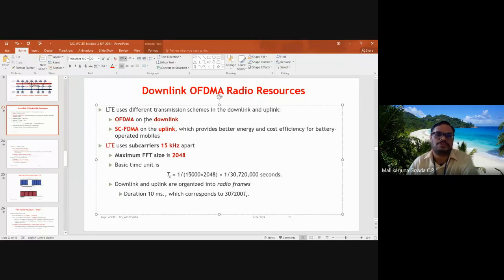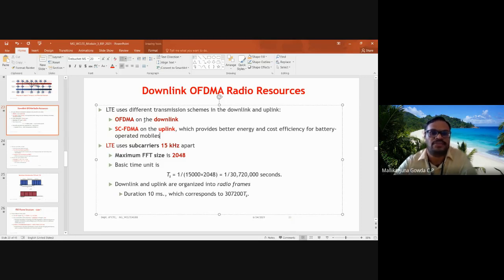So to avoid that and to be more cost efficient, SCFDMA has been preferred for uplink, as it provides better energy and cost efficiency with respect to the battery.